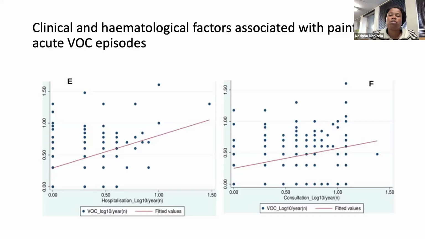But I just want to take you back: the data that we collected on the number of hospitalizations was taken from the clinical record, whereas the number of VOC was self-reported, which we'll talk about at the end of this objective, to indicate the limitations of the study due to the self-reporting of VOC.